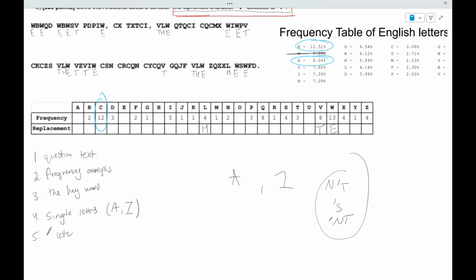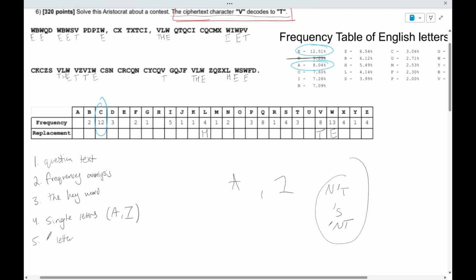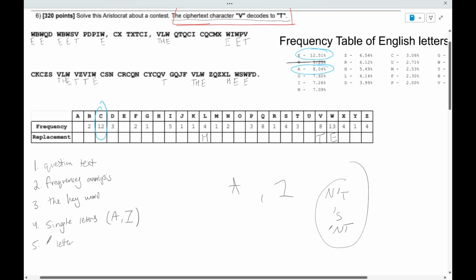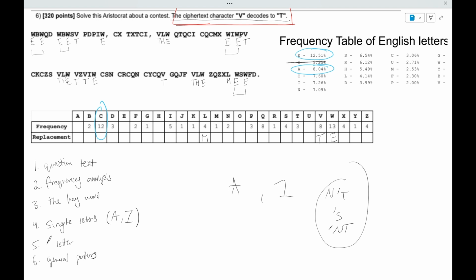All right, and then the last step that you want to take a look at is just any general patterns. So what I could see here in terms of general patterns is this double E occurring a lot. It occurs here, here, and then there.